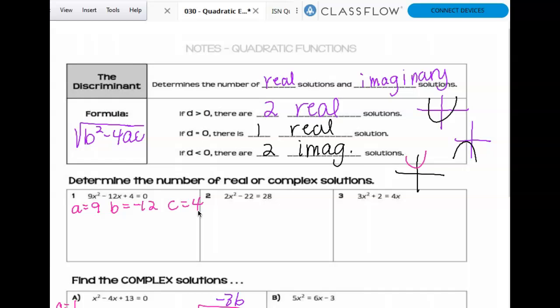So B squared is going to be 144 minus 4 times 9 times 4. So this is 144 minus 144, which is 0. So how many solutions do I get? 1 real.